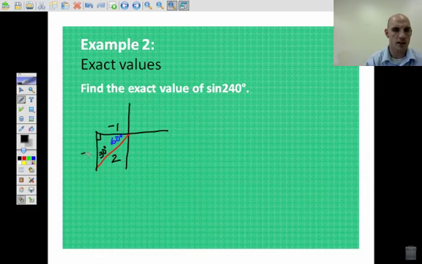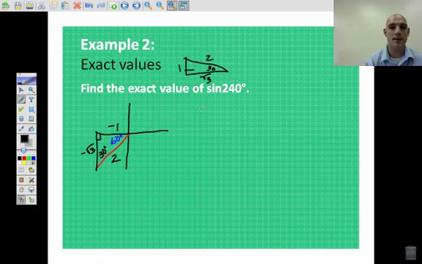And so this is going to be -√3, because we're remembering our special right triangle, which looks something like this. And if this is 30 and this is 1, then this is going to be twice the short leg, and this is going to be √3. Okay, so this is sort of what it looks like.